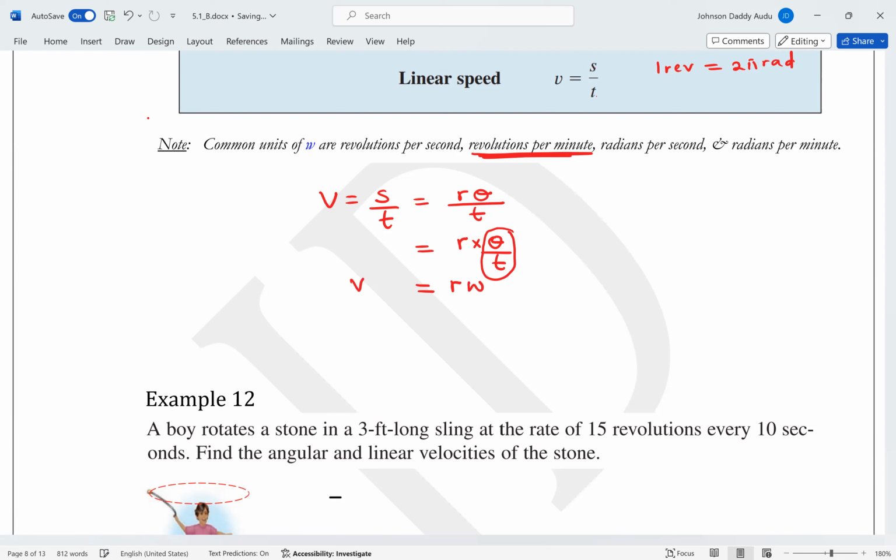Remember, we started with the linear speed. So this is a simple derivation of the relationship between the linear speed v and the angular speed, and what is r? r is the radius. Okay, we will use this formula.